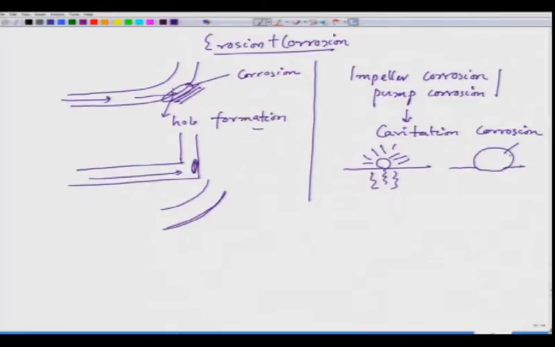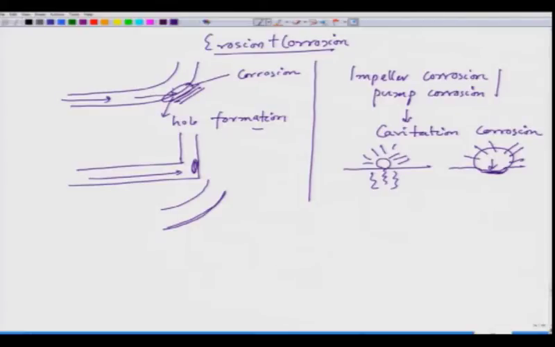So, another collapse, and then shock wave generation, and this will be deformed further and corroded further. Like that, it goes on. This is cavitation corrosion, which is bubble formation and then collapse of the bubble because of the pressure change. This also has a scientific explanation, but we are not looking at that. I am just giving an overview that this is a form of corrosion.